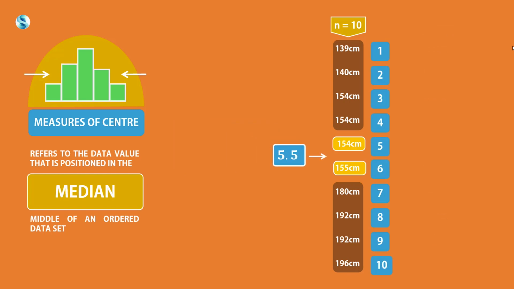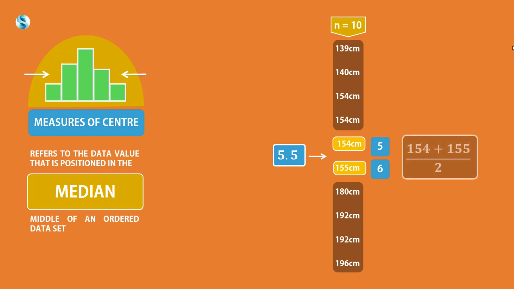We see that there isn't a value in this position. So what we do is we take the arithmetic average of the 2 values beside this position. So we will have 154 plus 155 divided by 2, and we get an answer of 154.5. This value is in fact the median for this dataset.